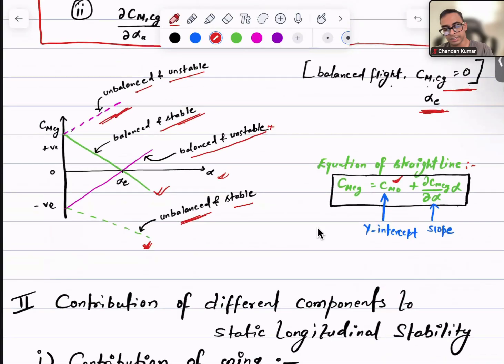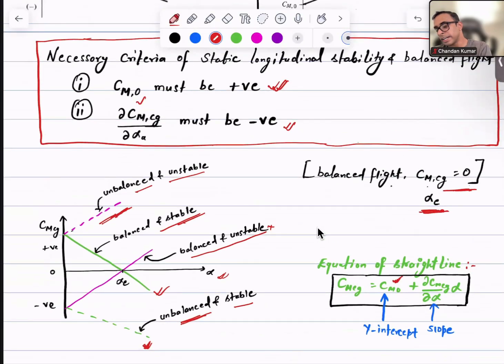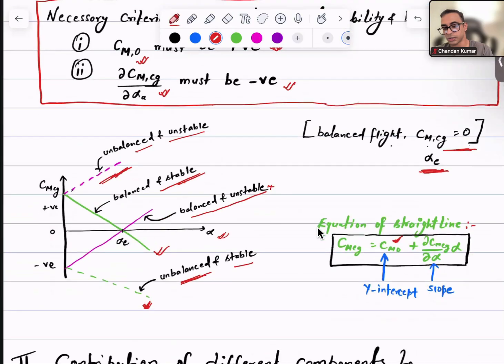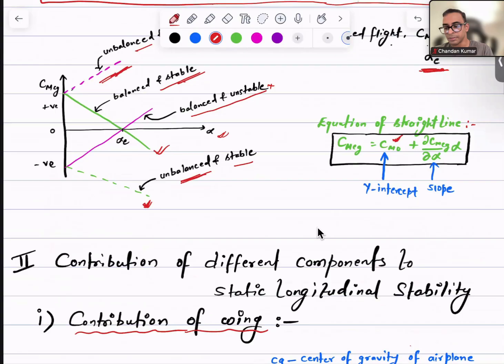We've seen that these two variables are the deciding factors for longitudinal stability. With this, we understood the meaning of longitudinal stability and the necessary criteria to have longitudinal stability.